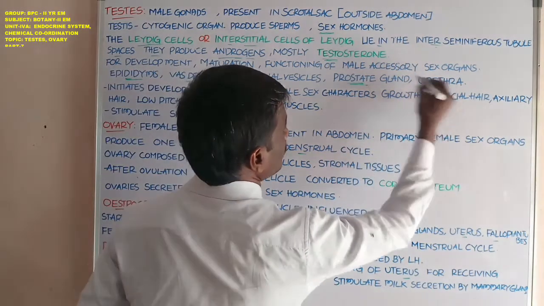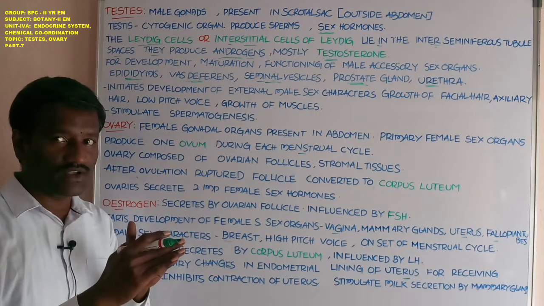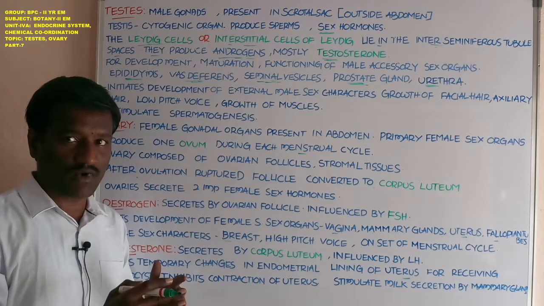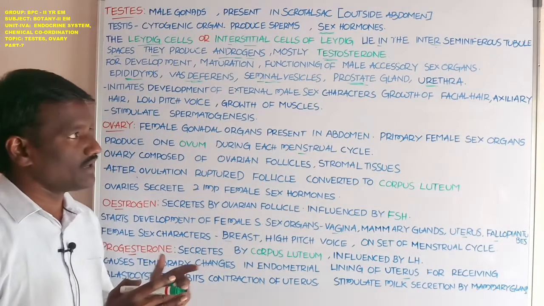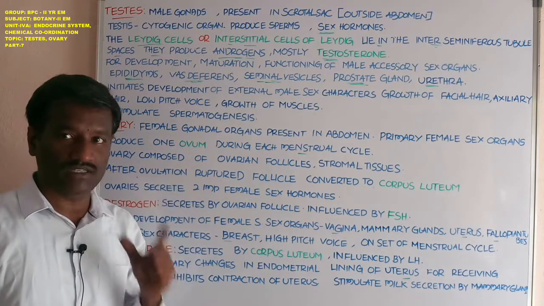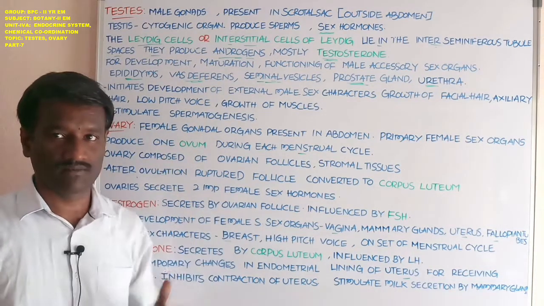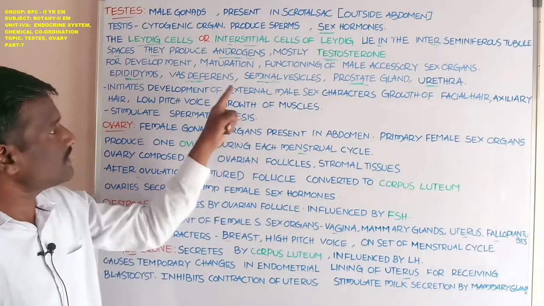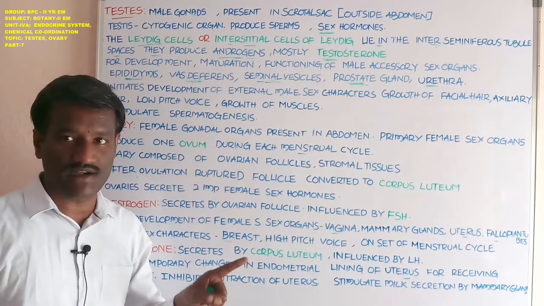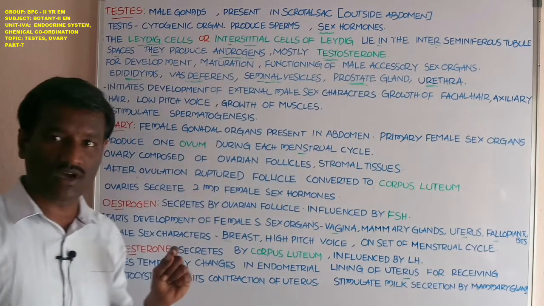Next, the urethra. If you observe the parts of the male reproductive system, the urethra is a common duct for the exit of urine and semen. The vasa deferentia open into the ejaculatory duct, and the ejaculatory duct opens into the urethra.